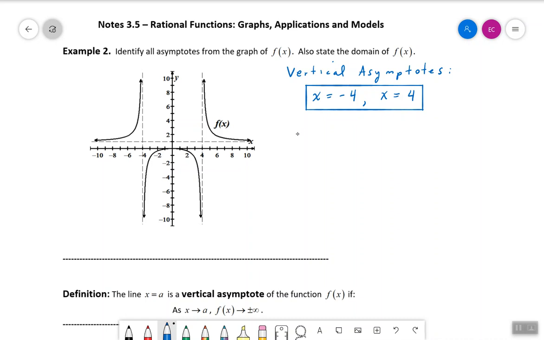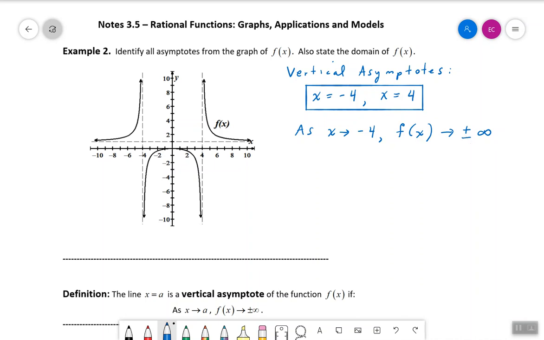Let's write that down. As x is approaching -4, the function values, f of x, are approaching +infinity on the left side of -4, and on the right side of -4, the y values are going down to -infinity.